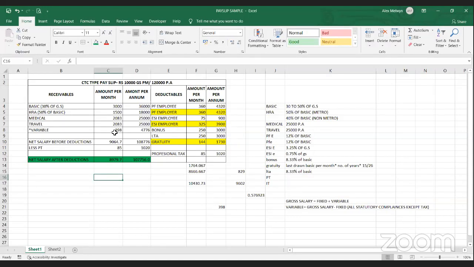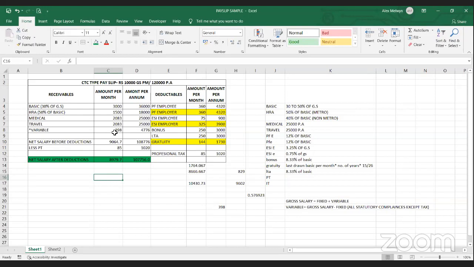First calculate the 6 months income, go to the slab, find the tax rate, and divide by 6 to get the per month tax. Then you less that from net salary before deductions. What you get after that is net salary after deductions, which is logically your take home salary. For somebody with 10,000 rupees gross salary, the take home will be 8,979 rupees as per our calculation.